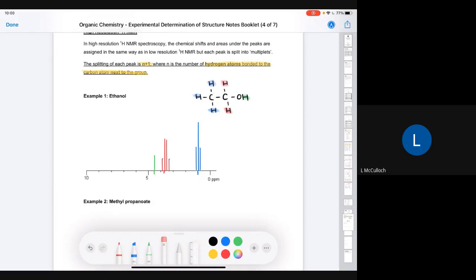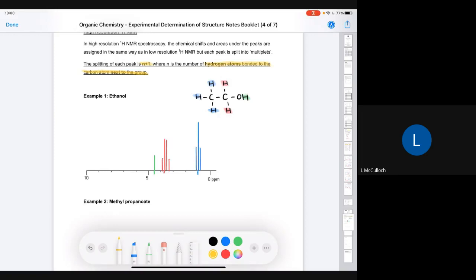Okay, and then finally we have the green hydrogen. Because the green hydrogen is not bonded to a carbon, we just go with there being 0 neighbouring hydrogens, because there's no carbon atom next to the carbon that hydrogen's bonded to, because it's not bonded to a carbon.